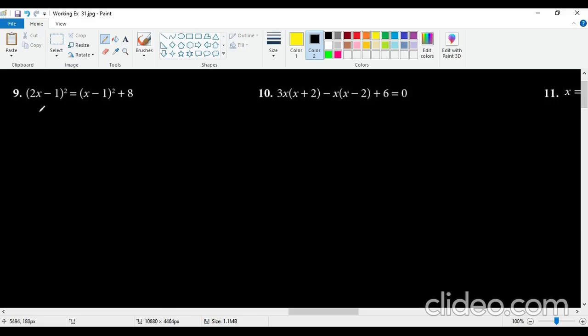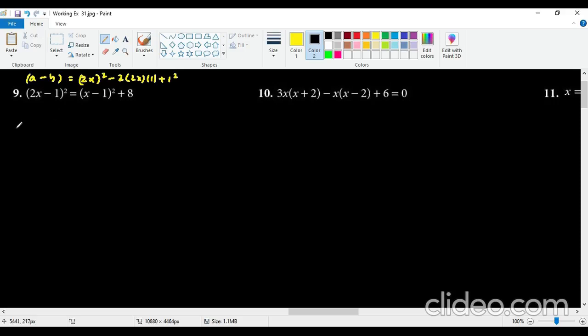We will expand this bracket using the a minus b whole square formula. So a minus b whole square means that you have to square the first one, which is 2x square, minus 2 times ab, where a is 2x and b is 1, and plus 1 square.